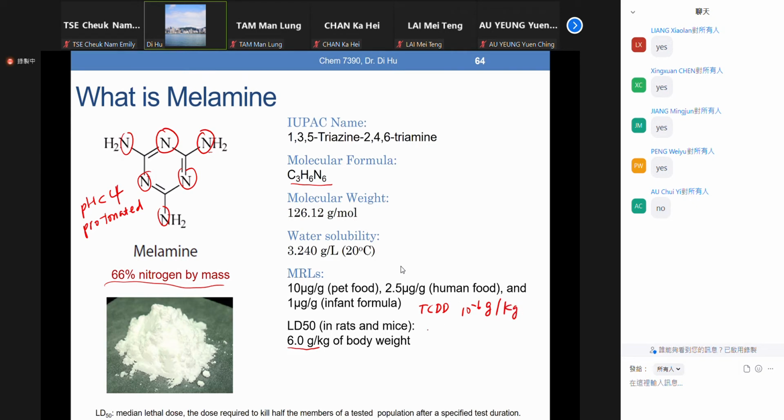How about DDT, the pesticide? It's 0.1 grams per kg. But this one is 6 grams per kg. That means it's not really toxic. It's comparable to table salt. But why do we care about it? We'll see that.